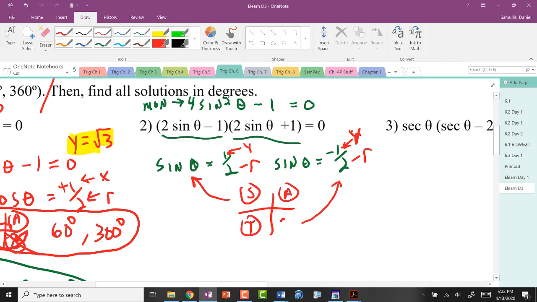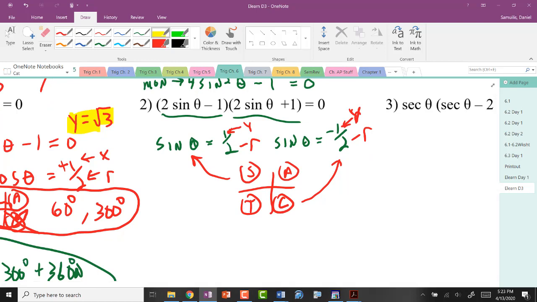So that's another thing that's special about this kind of thing. We're going to get 4 answers for this one equation because of the 2 different parts using the zero product property. And what is the reference angle that is opposite 1? The answer is 30. So you need all 4 30s.